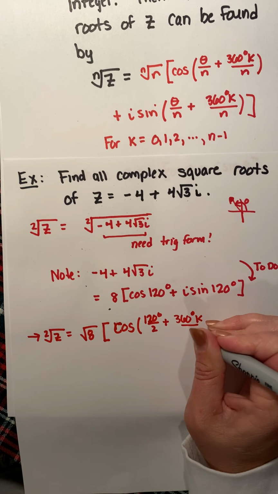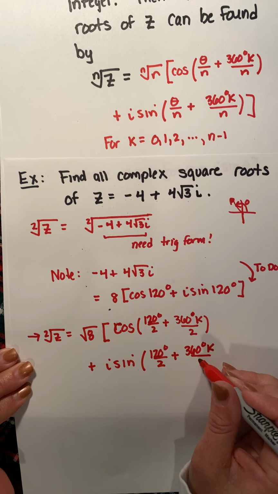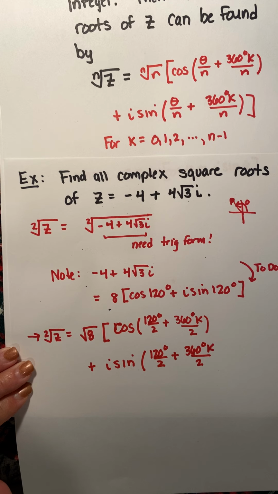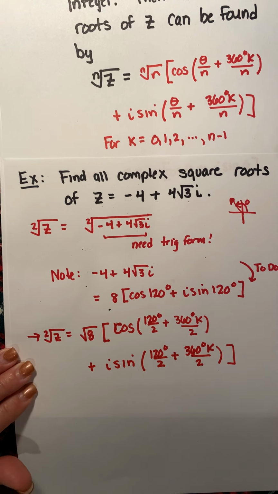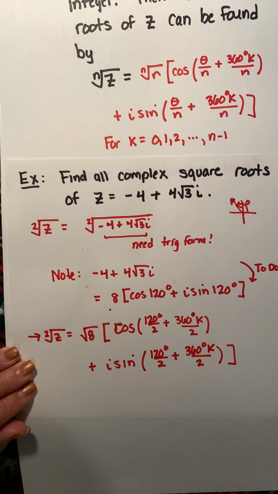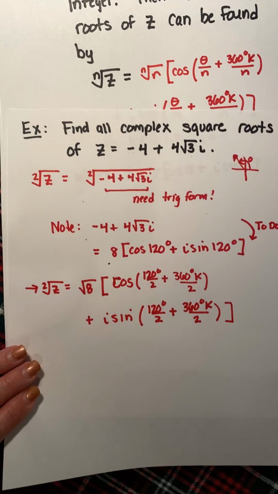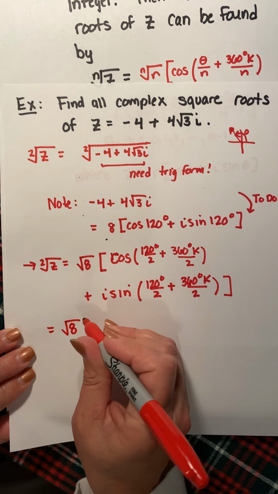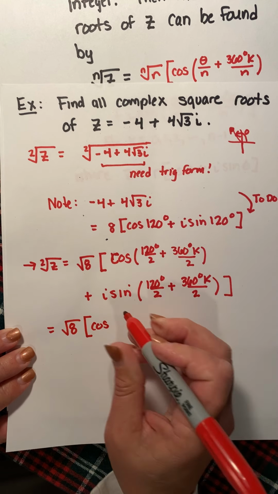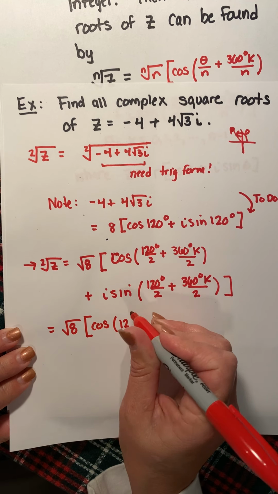All right, so let's keep going. Square root of 8 times the cosine of 120 degrees divided by 2 is 60 degrees plus 180 degrees k, plus i sine of 60 degrees plus 180 degrees k.